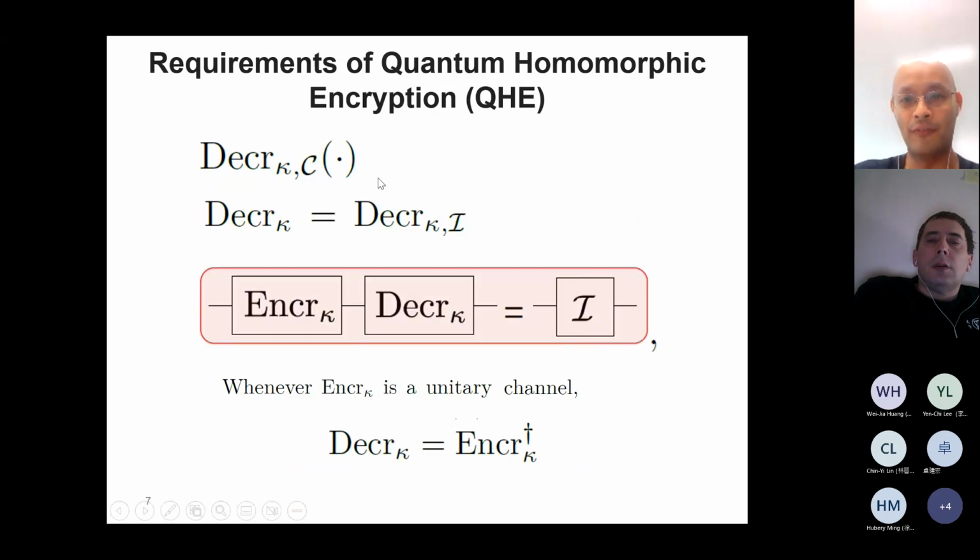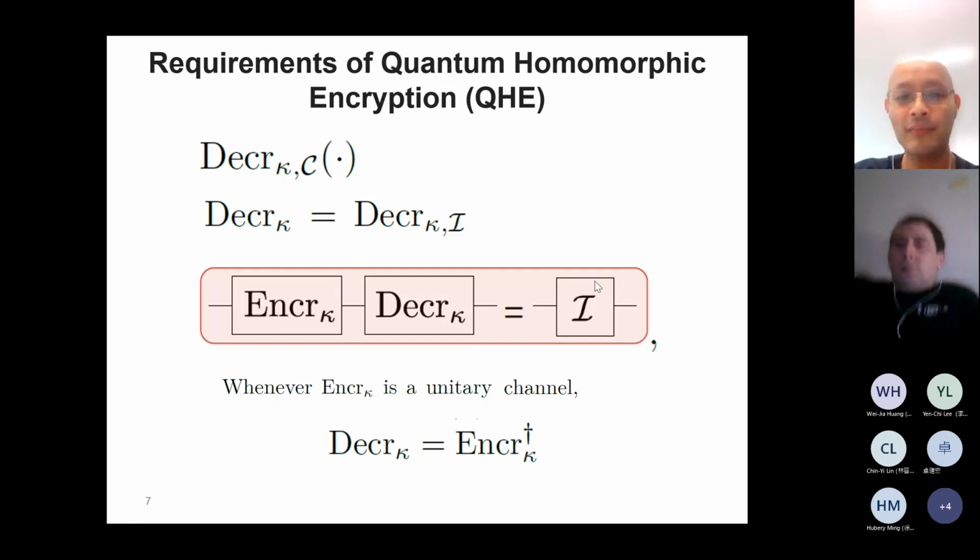And the requirement on decryption is also easy. For example, you can consider the case in which you do no computation. In that case, we can denote the decryption map for the case where there's no computation to be performed as labeled by just one subscript, the key. And of course, if you decrypt after you encrypt, it should be just the identity channel.